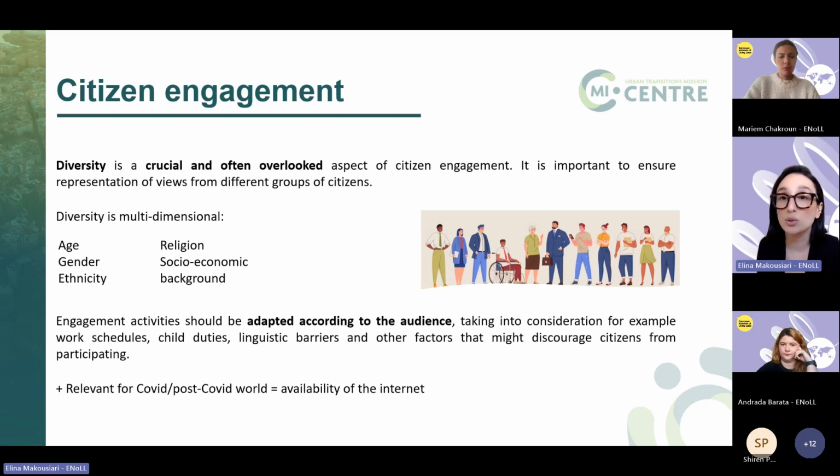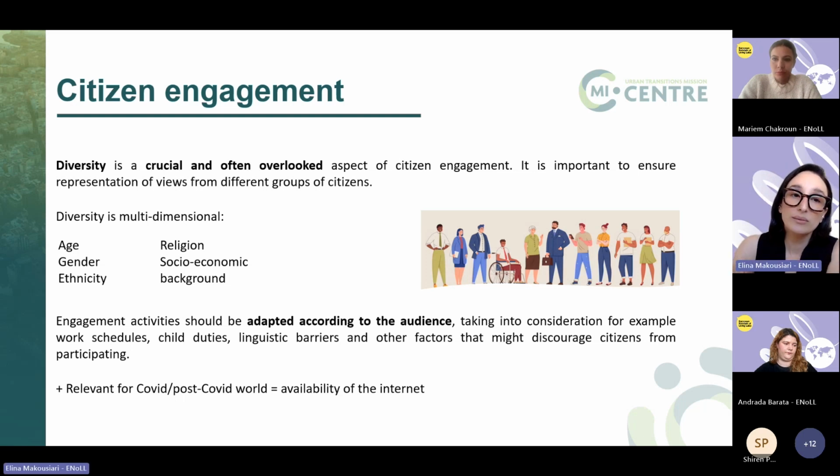So this aspect should be taken into consideration when getting citizens on board with the project overall, but also within a specific engagement activity. So you need to be adaptable, right, to the exact audience you have in each of the activities. You might want to consider work schedules, child duties, linguistic barriers, or any other factors that can actually leave any group or subgroup of citizens excluded.